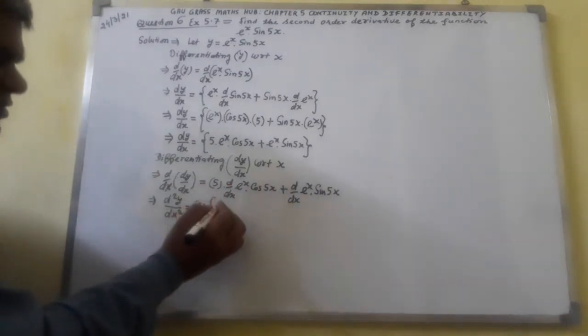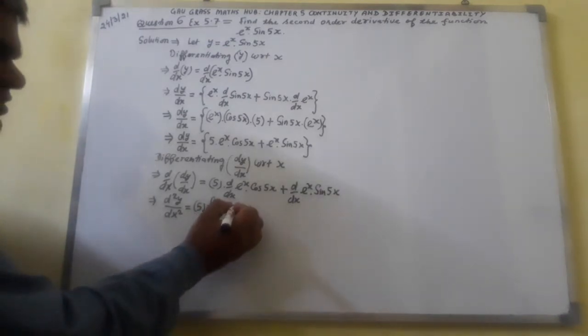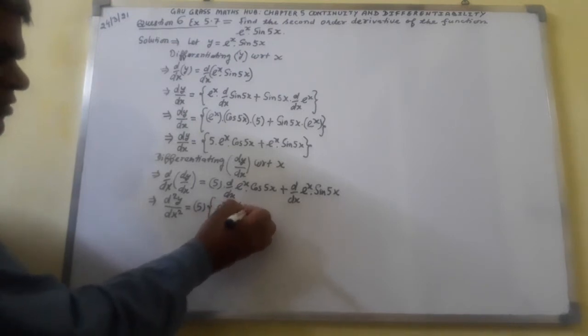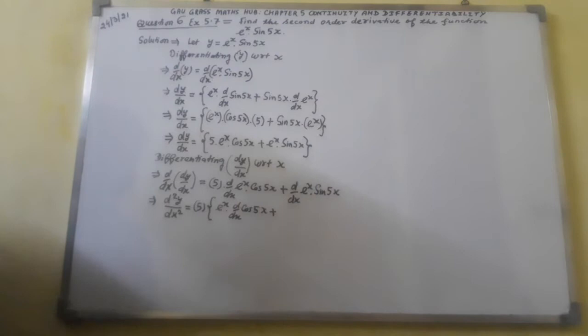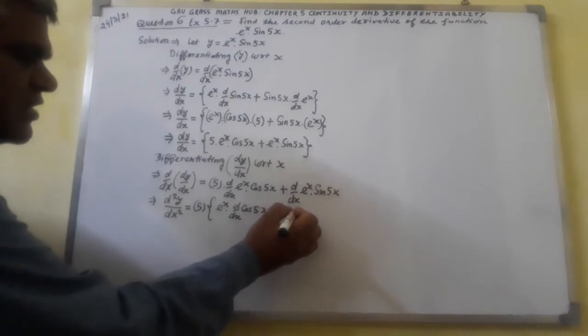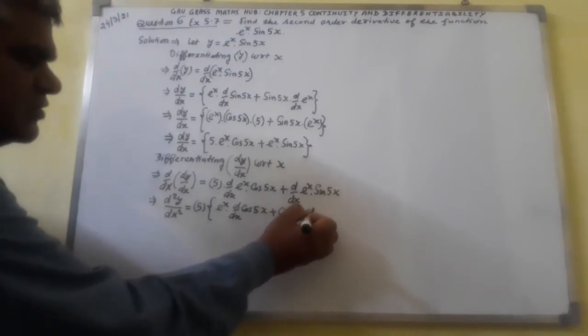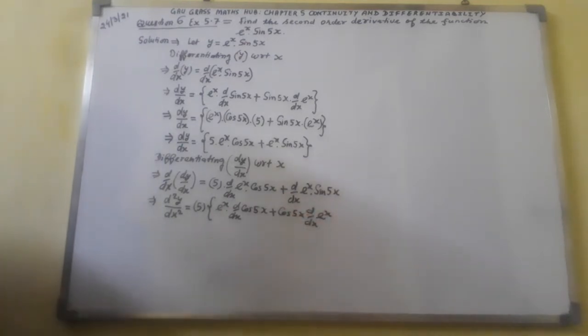By using the product rule, here I shall write first function will be written as it is d over dx of cos 5x, plus cos 5x dot d over dx of e raised to the power x.